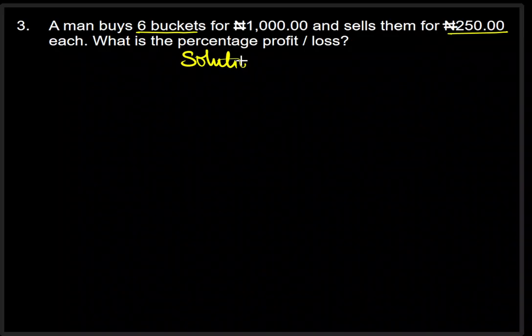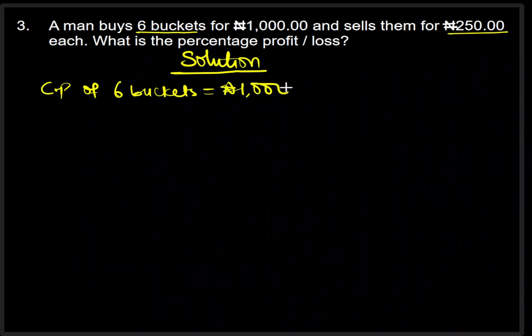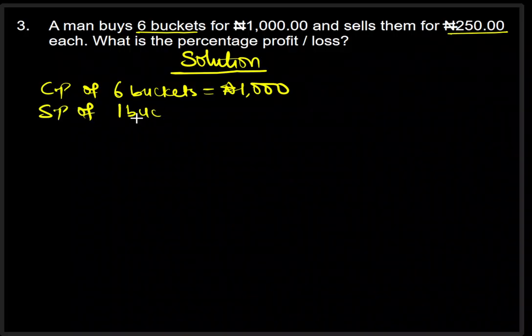So we have the cost price of 6 buckets equal to 1,000 naira, and then we have the selling price of 1 bucket, because we are told that he sells them for 250 naira each. So the selling price of 1 bucket is equal to 250 naira.